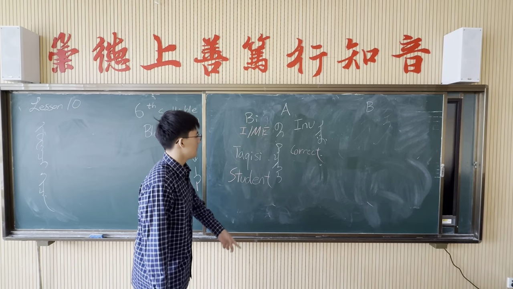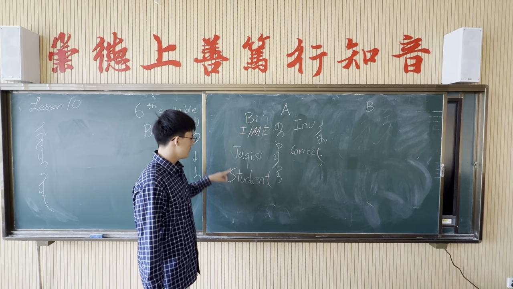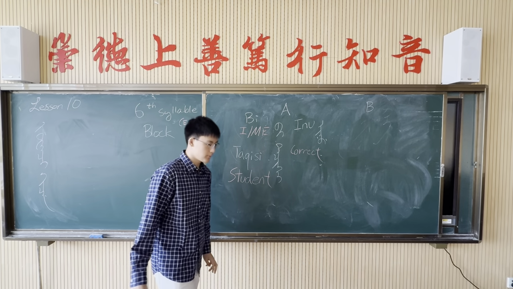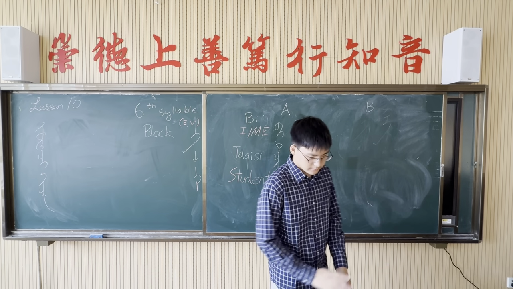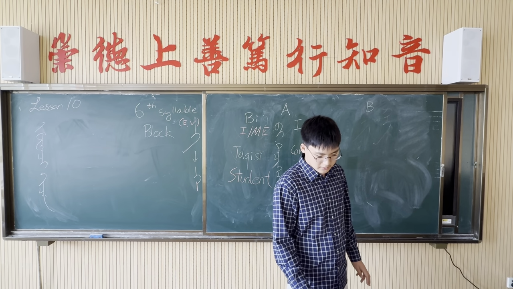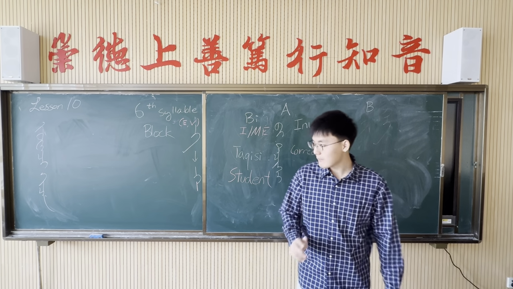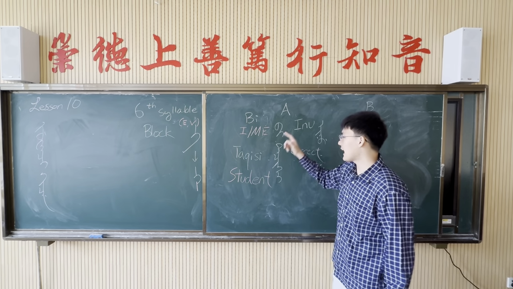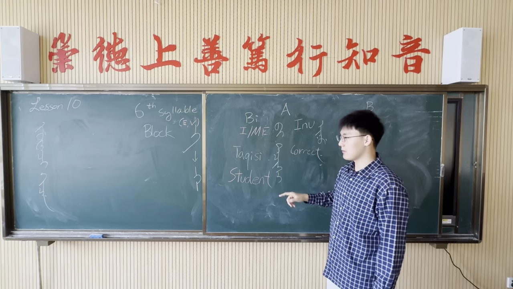B 다치시 이노. Me, student, correct. And if you convert that to standard English grammar, it means I am a student. B 다치시 이노. I am a student.